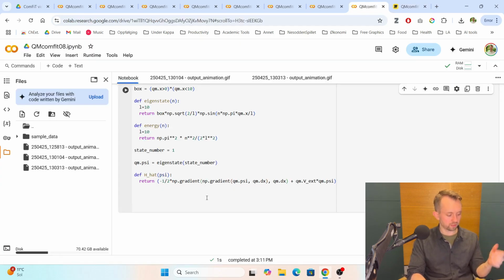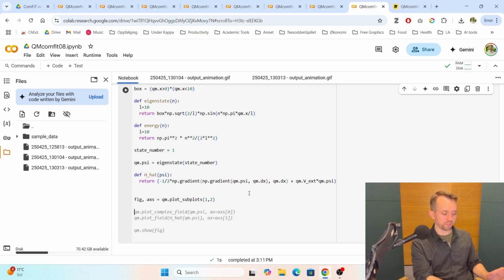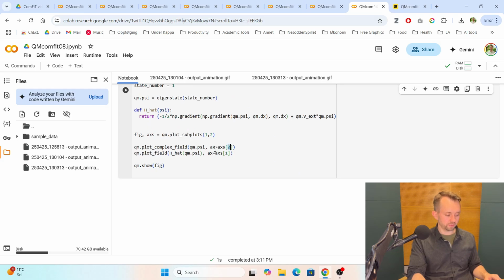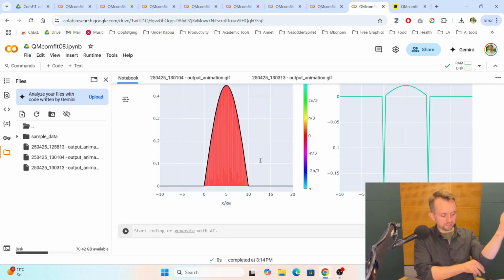So what does that look like? Okay, so we have qm.psi. We know that it's an eigenstate of this thing here. So we're going to create a figure, axis equal to qm.plot subplots 1, 2. And then on the left-hand side, on the first axis, I'm going to plot qm.psi. And on the right side, I'm going to plot H hat applied to that operator. So let's see what we get.